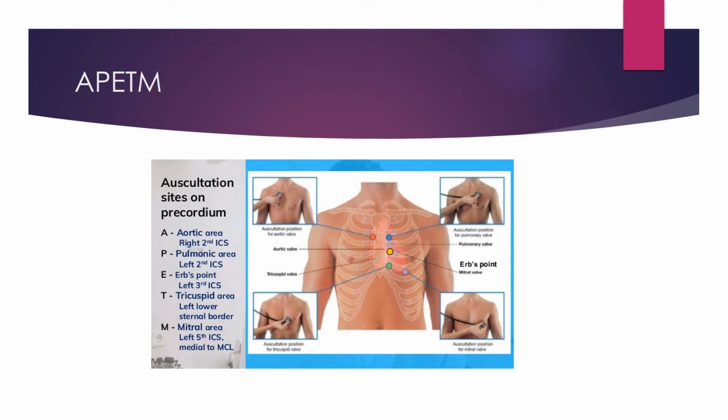A is the aortic area, which is the right second intercostal space. P is the pulmonic area, which is the left second intercostal space. E is Erb's point. T is tricuspid area. M is the mitral area, which is left fifth intercostal space, medial to the mid-clavicular line. And so that is the sequence in which you would want to auscultate the heart sounds.